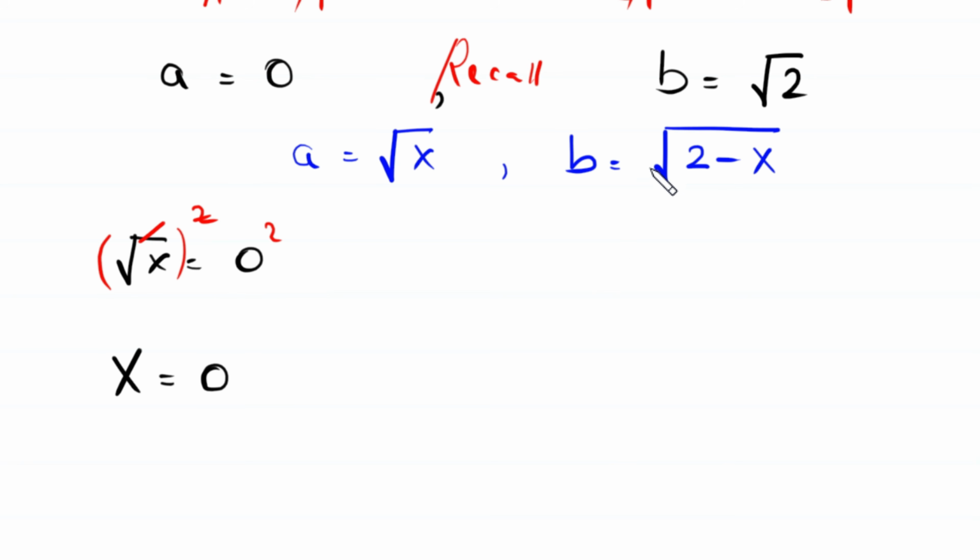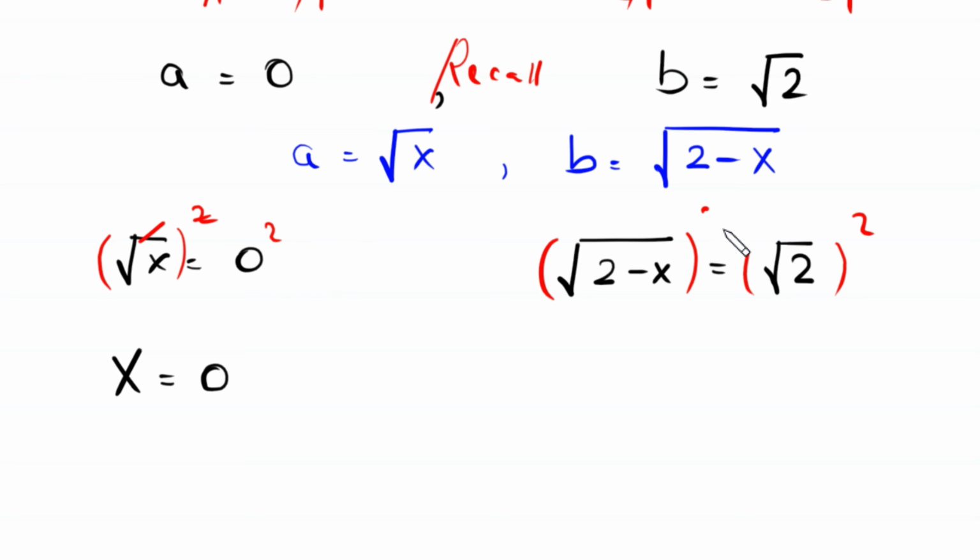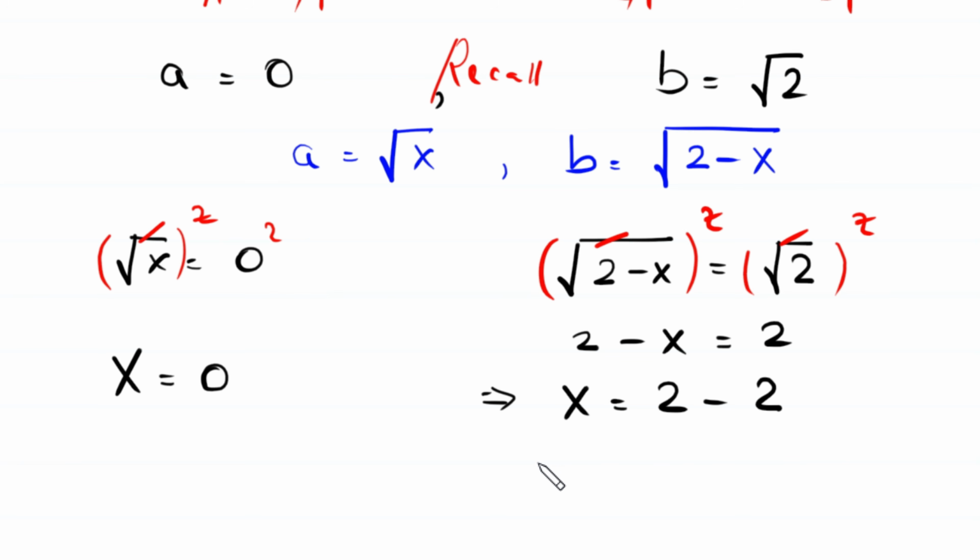And from this equation, root 2 minus x equal to root 2, and we take square of both sides, and the equation will become 2 minus x equal to 2. Move this negative x to the right hand side and this 2 to the left hand side. The equation will become x is equal to 2 minus 2, and this implies that x equals 0.